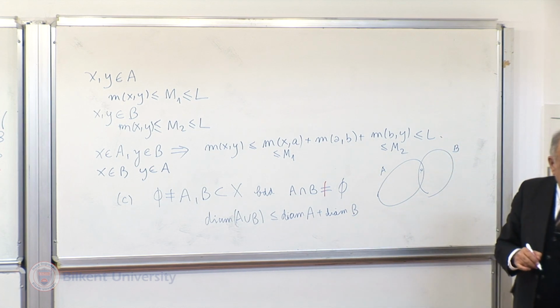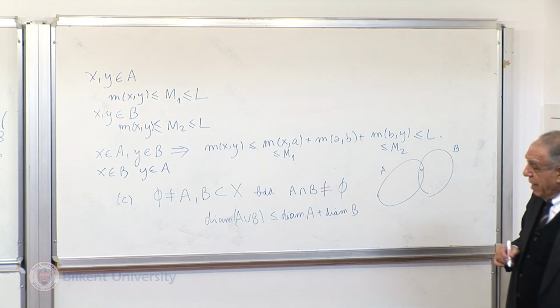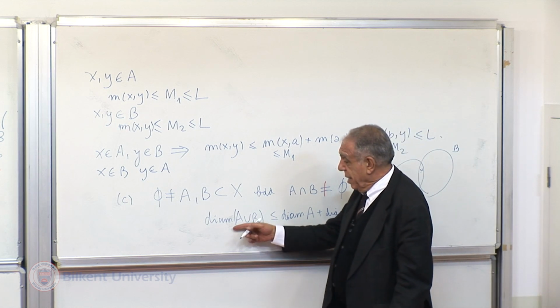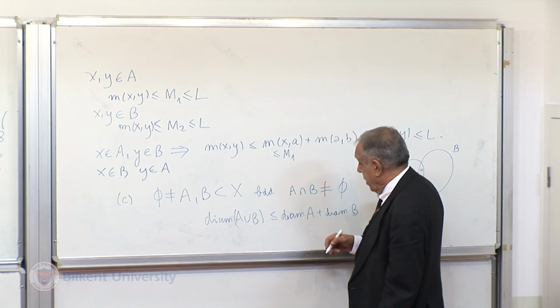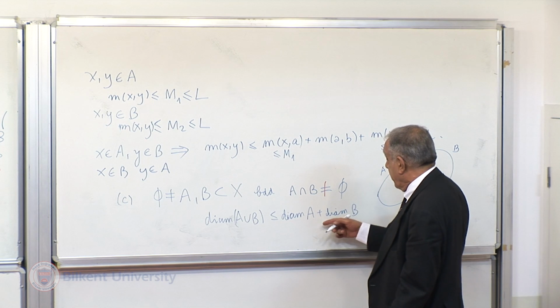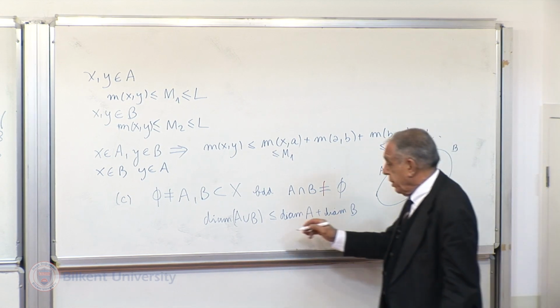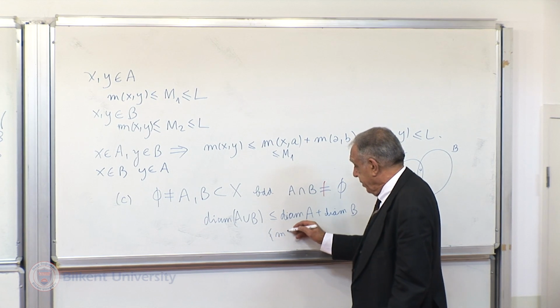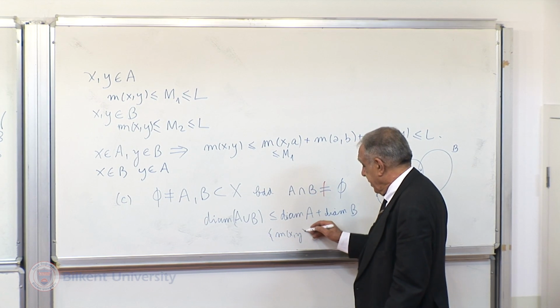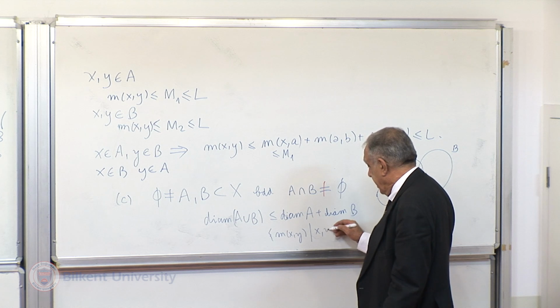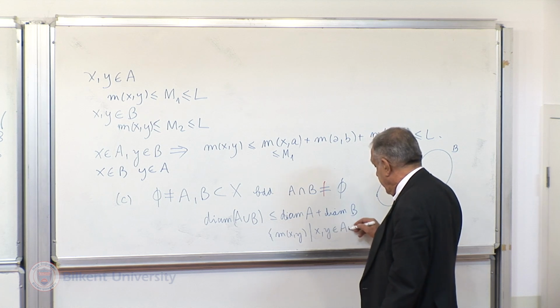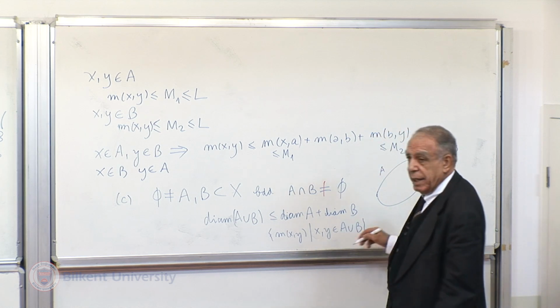Now here, if you show that diameter A plus diameter B is an upper bound of the set, that completes the proof.